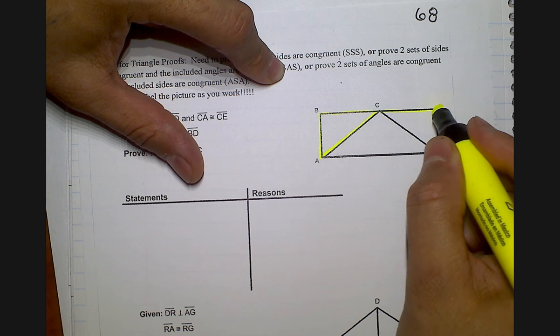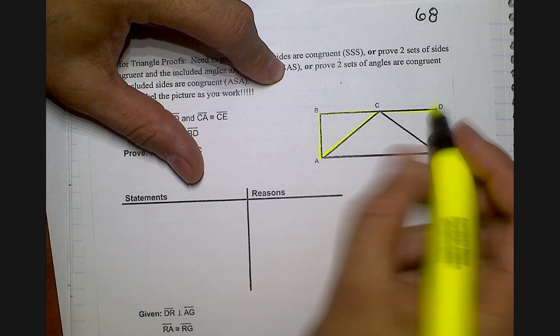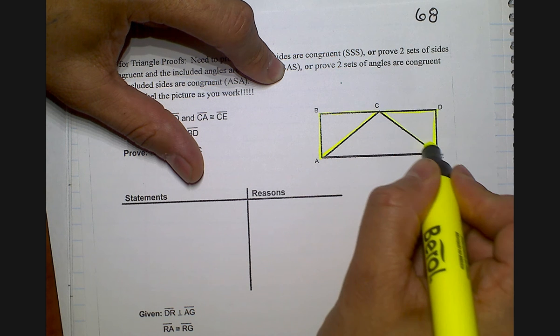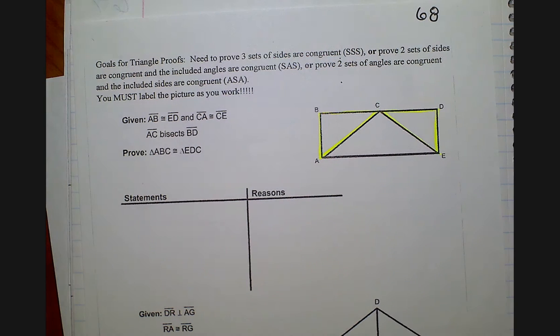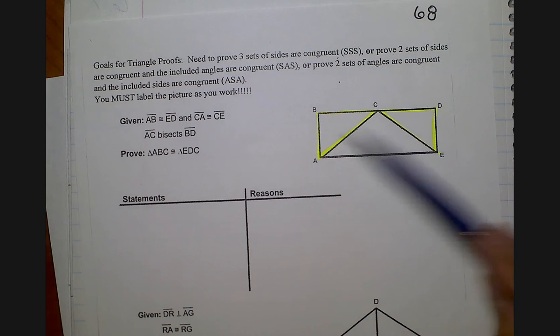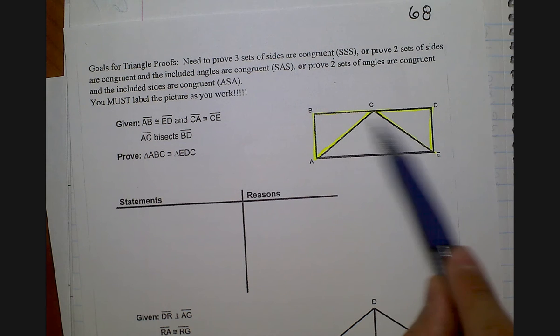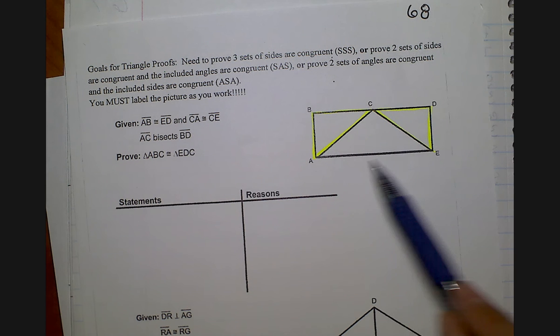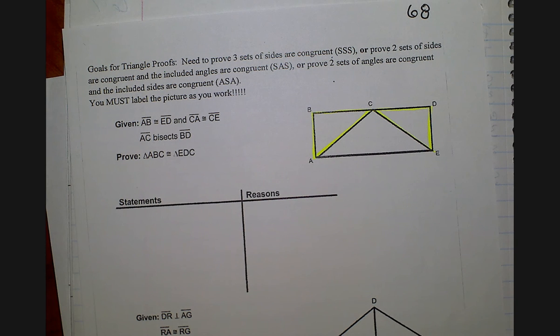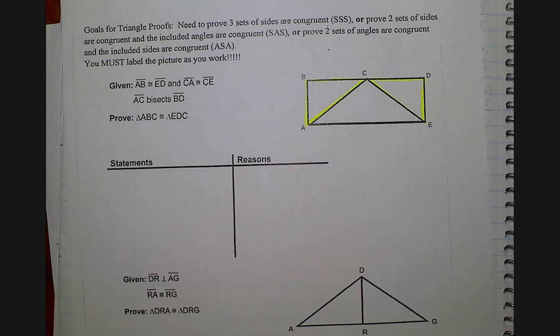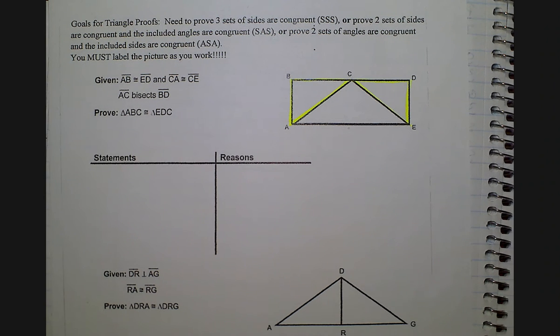We have extra pieces in this, so it's not always going to be just 2 triangles. We might have extra pieces like this one has. So we're only proving this one and this one are congruent to each other. Now, you have to use your information and use the stuff that we learned already.